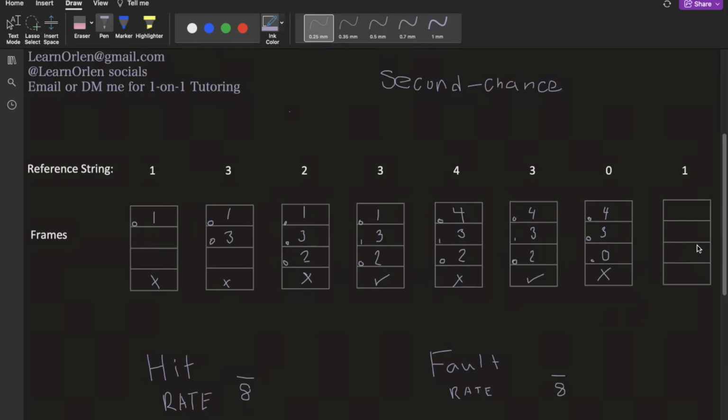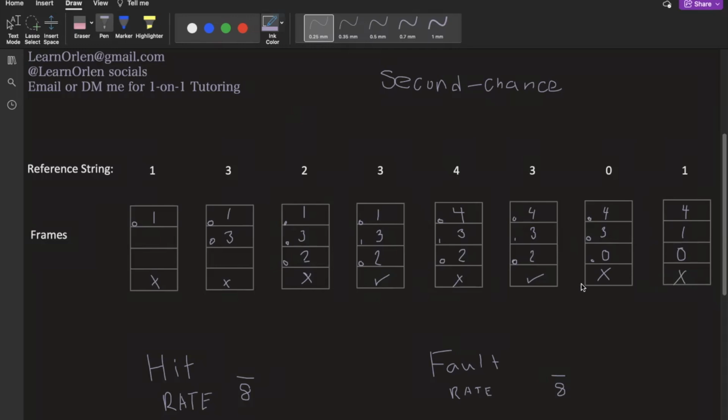Now we have 1, which is to go in. We check 4, 3 all the way back here, 0 is only here. So 3 is to be replaced. It had the second chance, but it wasn't used again, so unfortunately it needs to be replaced.